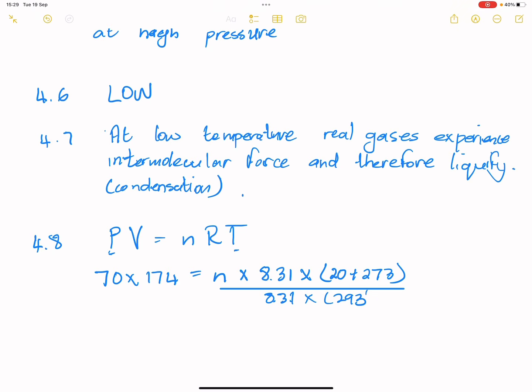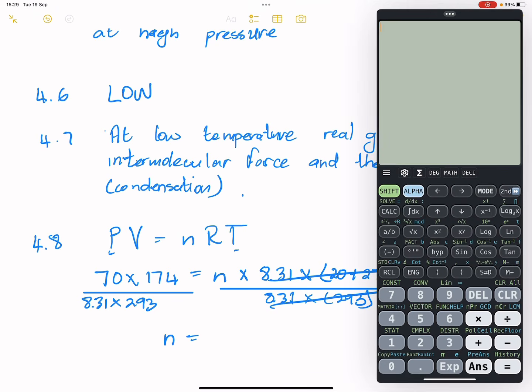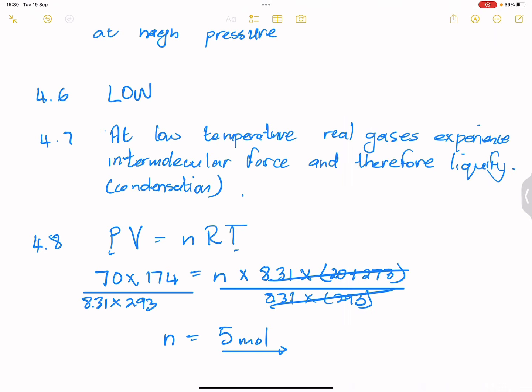What we do on the left, we do on the right, so that cancels. And what do we get for our number of moles? We have 70 times 174, divided by 8.31, divided by 293, and we get 5 moles. So the number of moles in this case is simply 5.